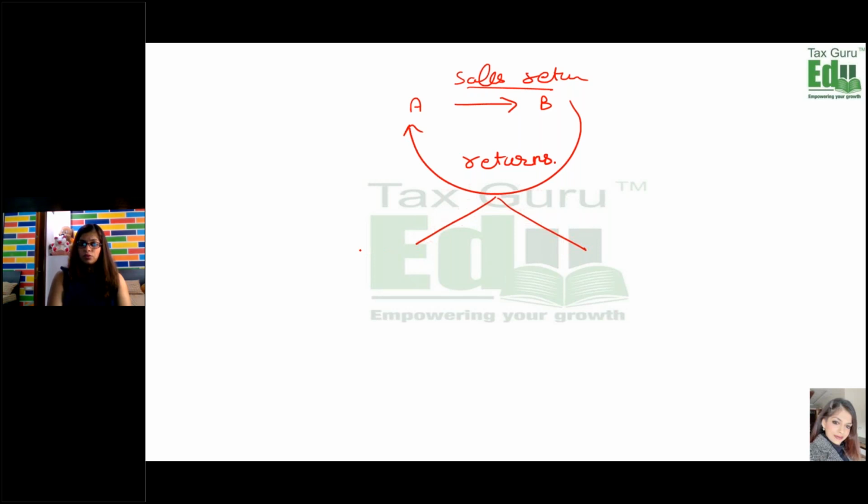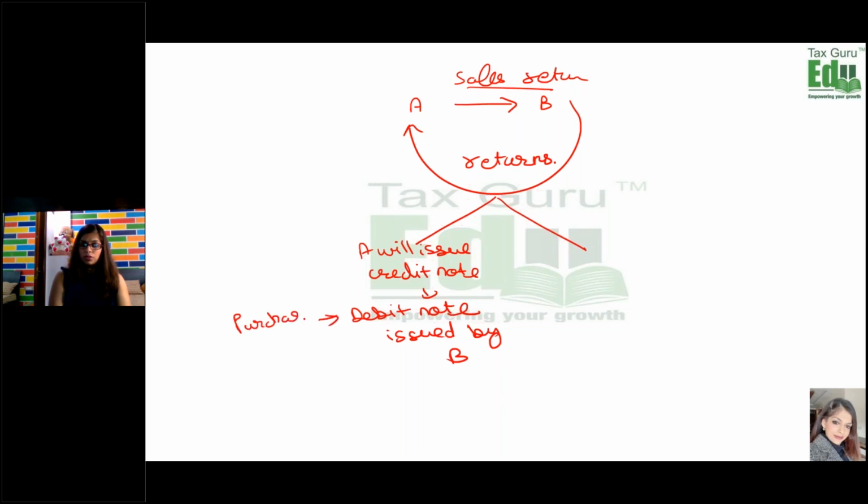A will issue a credit note with reference to a debit note issued by B. This is a purchase debit note. This is not a sales debit note, it's a purchase debit note issued by B. So A will mandatorily issue a credit note.